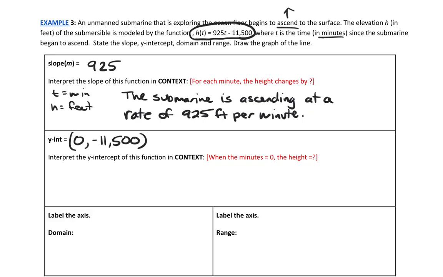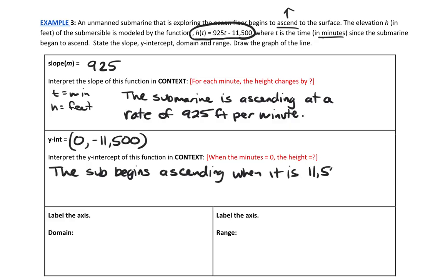When the minutes equal 0, so when we start, the height is, all right, so the sub begins ascending when it is 11,500 feet below the surface.